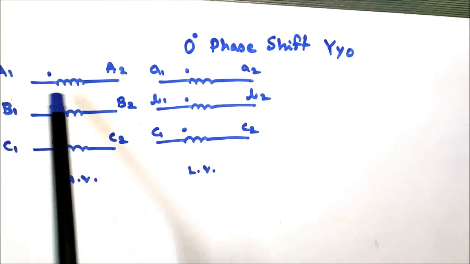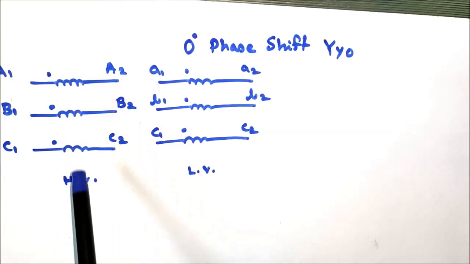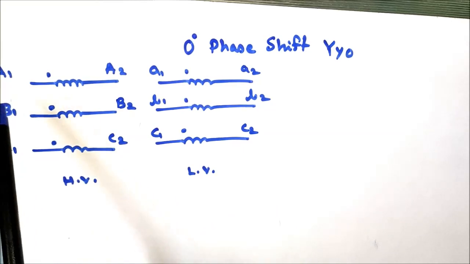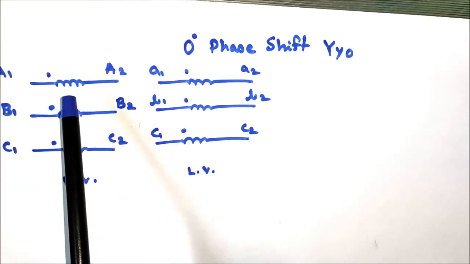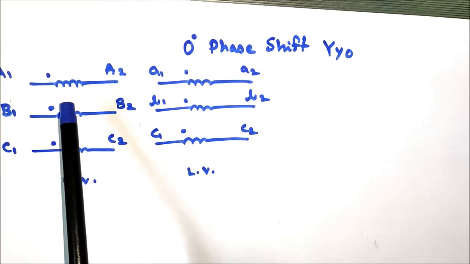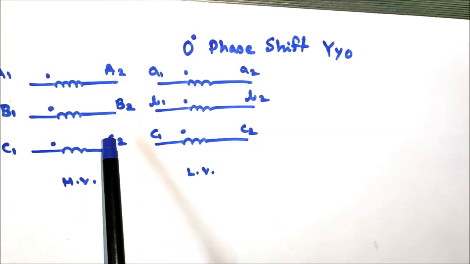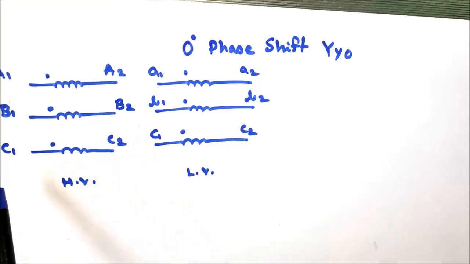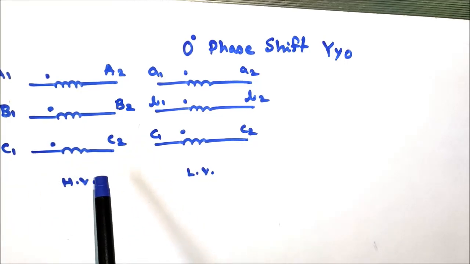So these three coils represent the HV side winding and these three coils represent the LV side winding. A1, A2 represent the R phase of the HV side winding, B1, B2 represent the Y phase of the HV side winding, and C1, C2 represent the blue phase of the HV side winding.